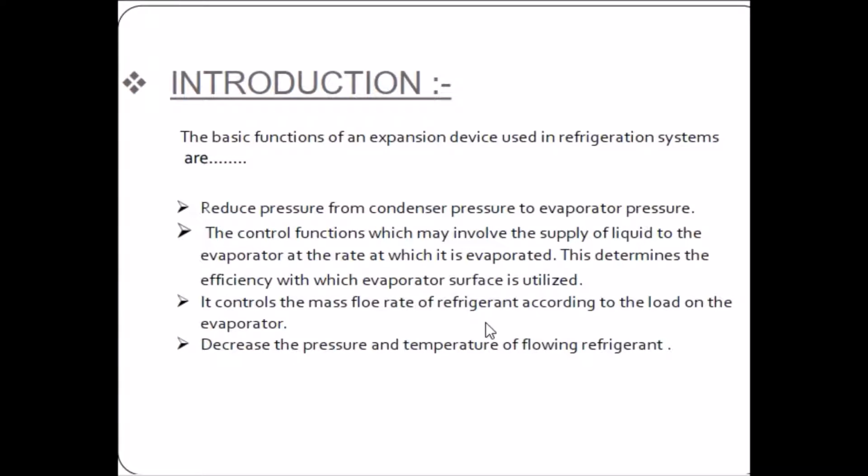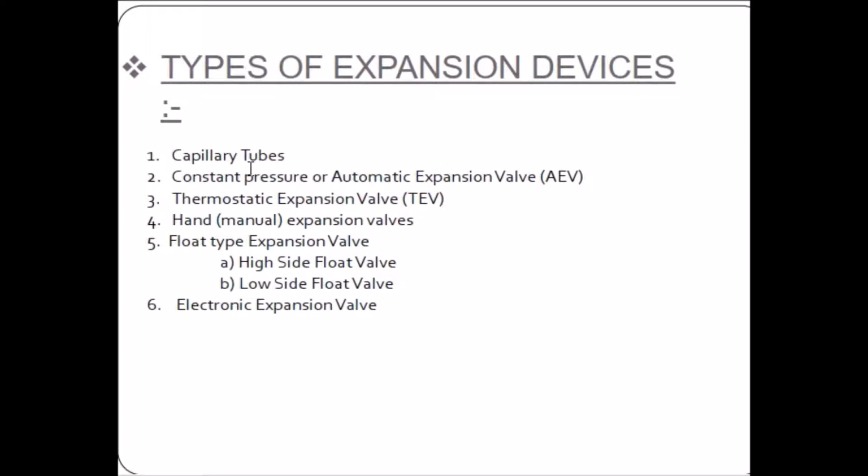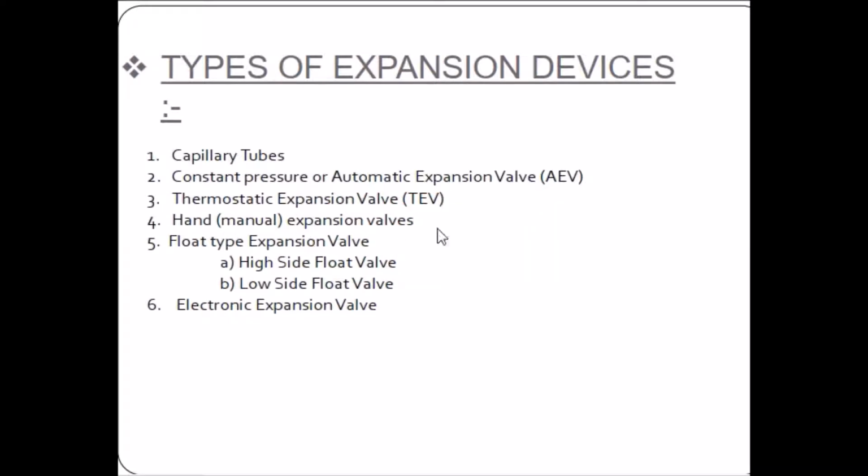Okay, we proceed to the next slide. Types of expansion device. The first one is the capillary tube. The second is the constant pressure or automatic expansion valve, and then we will also study the thermostatic expansion valve, and the hand or manual expansion valve.